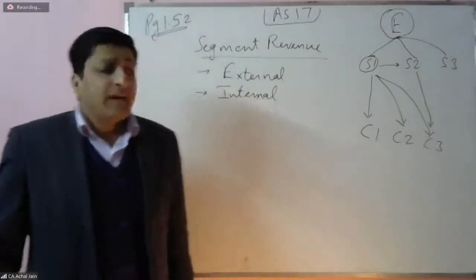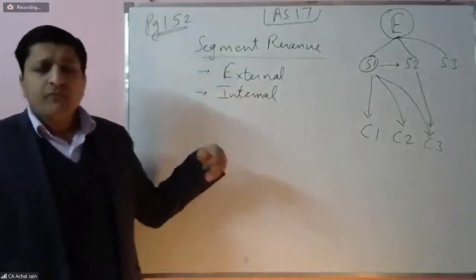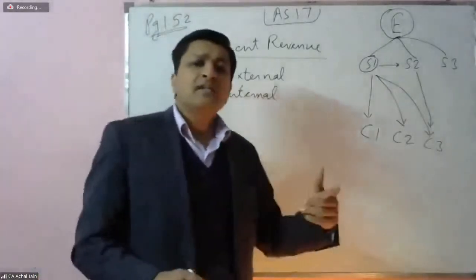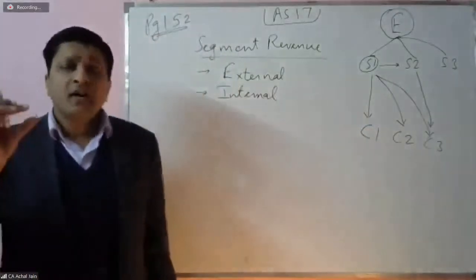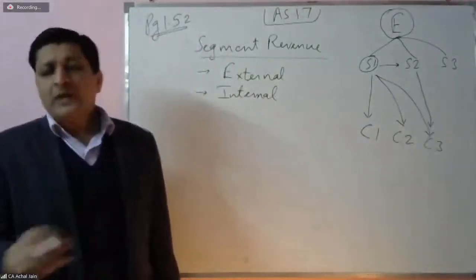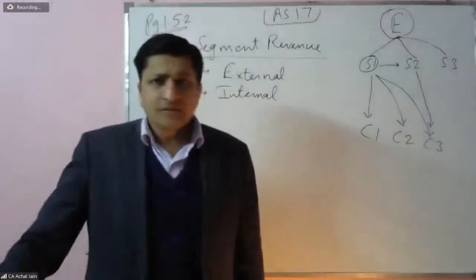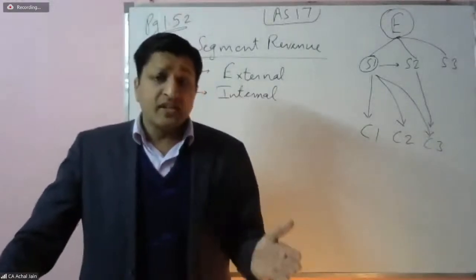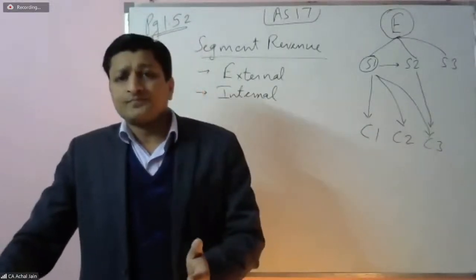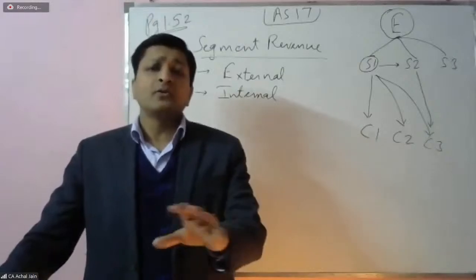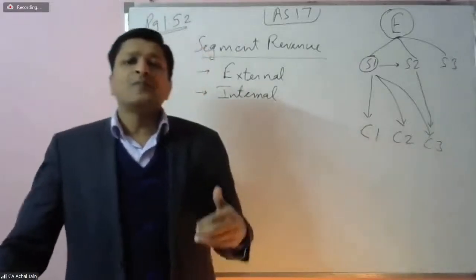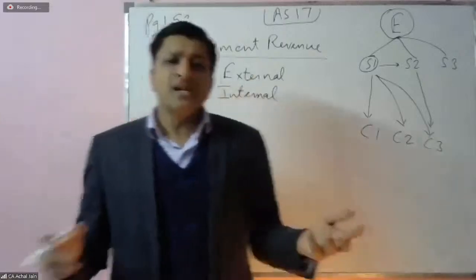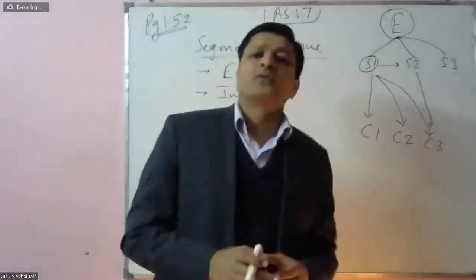Further, while giving this disclosure, wherein external and internal sales are required to be captured, there are certain things which are specifically not required to be covered. First, if there is any extraordinary item, that will not get into the segment disclosure, because an extraordinary item pertains to the entity as a whole. It's not specific to the segment.